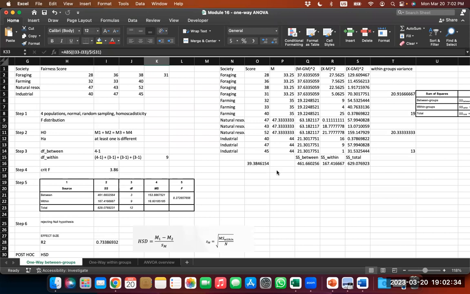Degrees of freedom calculated as the number of groups minus 1 for the between groups. Degrees of freedom, that's the respective sample size of each group minus 1 each. Summed up, that gives us the degrees of freedom within.